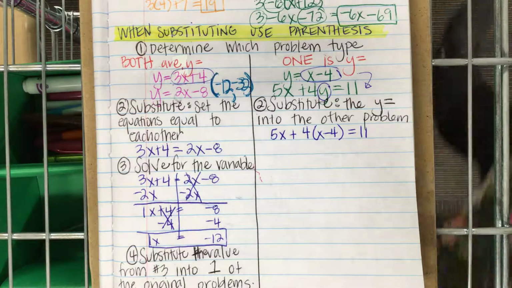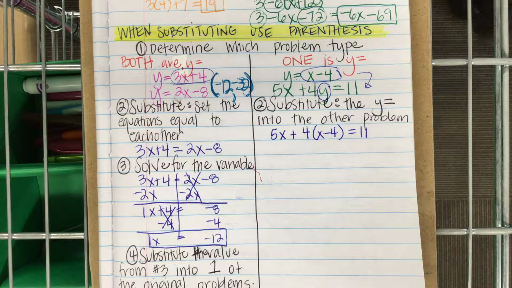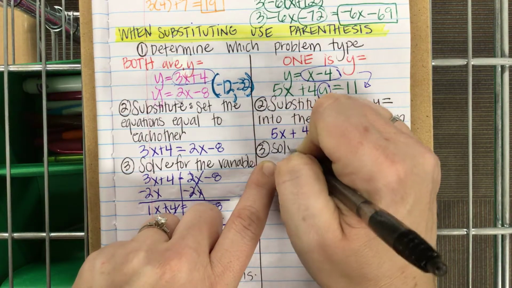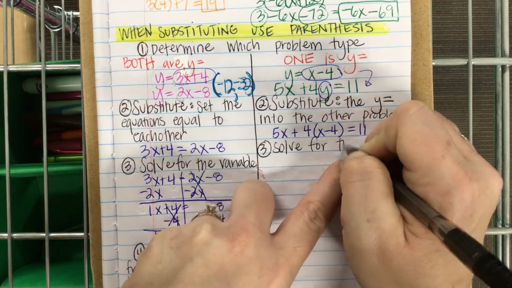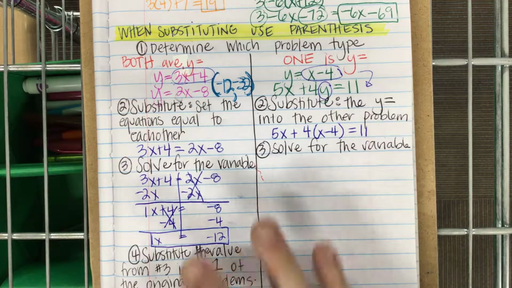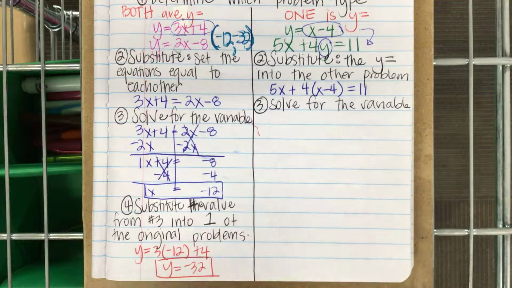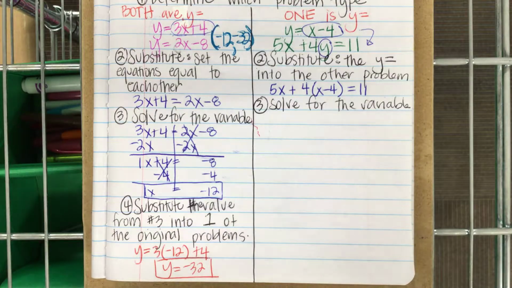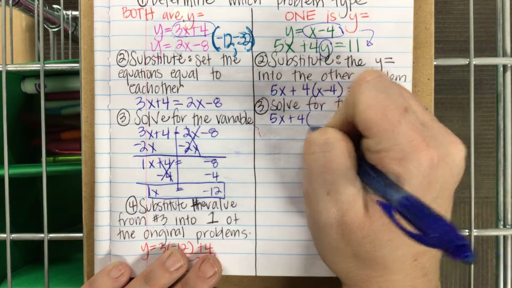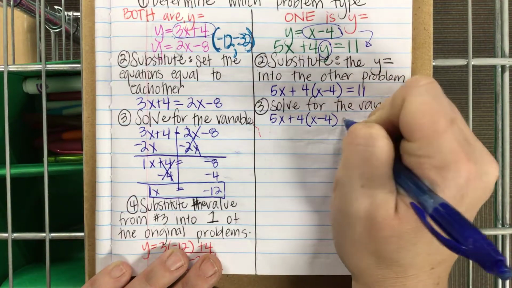And after you substitute, what can you do? Solve for the variable. So I have 5x plus 4 parentheses x minus 4 equals 11.